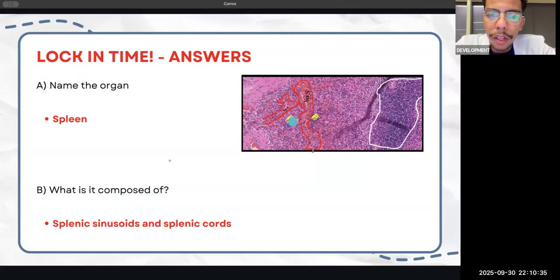This red area here, what is it composed of? The red pulp, so splenic sinusoids and splenic cords. However, if they ask you what the spleen is made up of, it's white and red pulp. So the organ is made up of white and red pulp, but the red pulp is made up of splenic sinusoids and splenic cords. Do you guys have any questions?